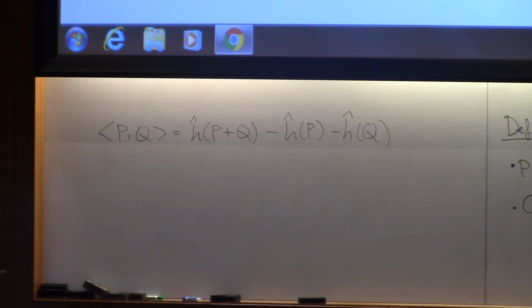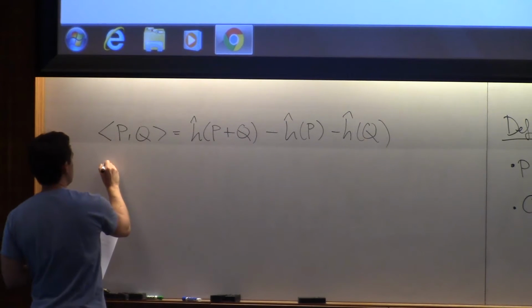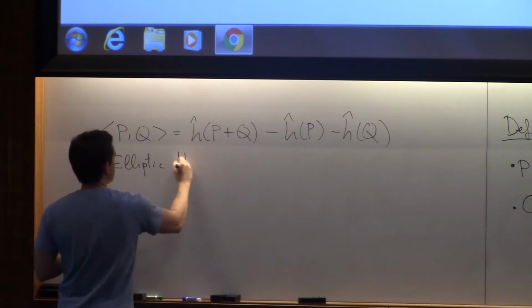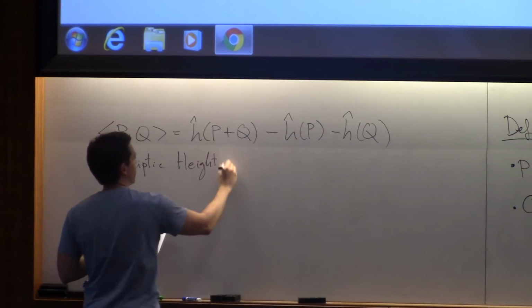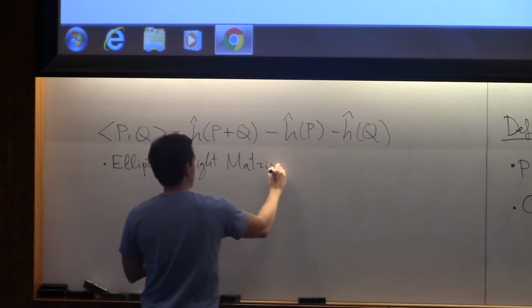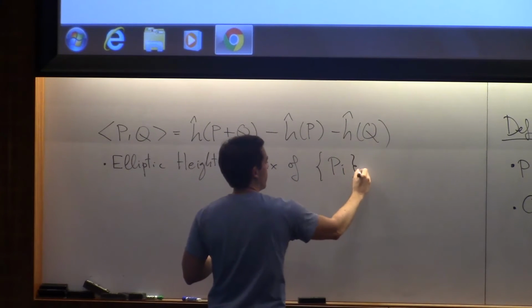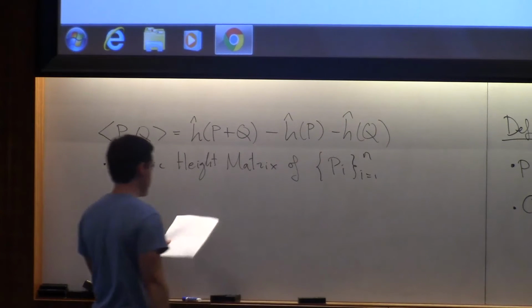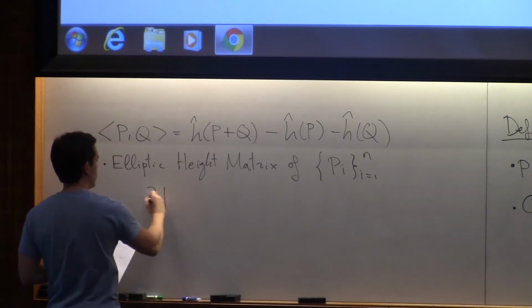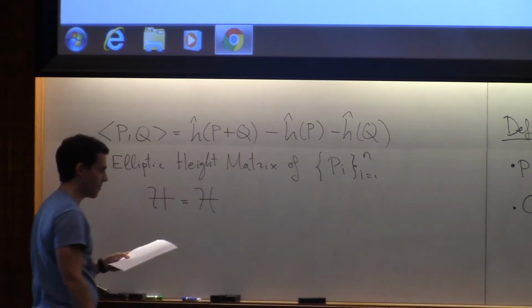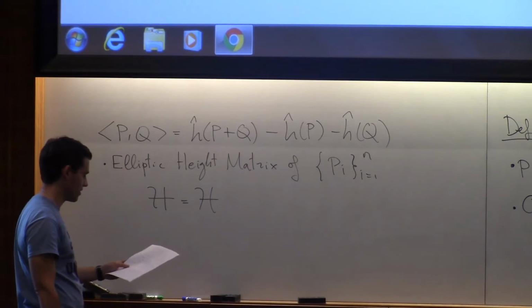Okay, very good. And I'm going to define something else, the elliptic height matrix of a bunch of points. It's going to be a matrix I call H. I don't know why I always make some sort of calligraphic H for this. No good reason.